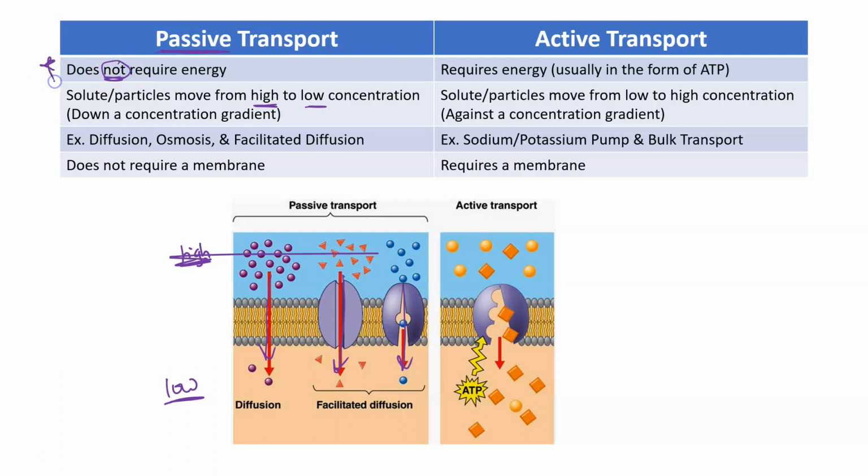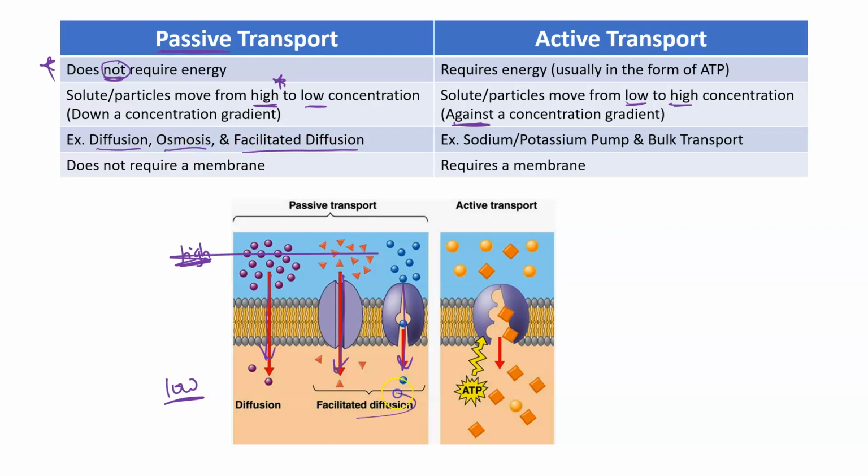That's very important. It does go from high to low, also very important, which is different than the low to high concentration, against the concentration gradient, you see in an active transport mechanism. Examples of passive transport that are going to be highlighted are diffusion, osmosis, and facilitated diffusion.